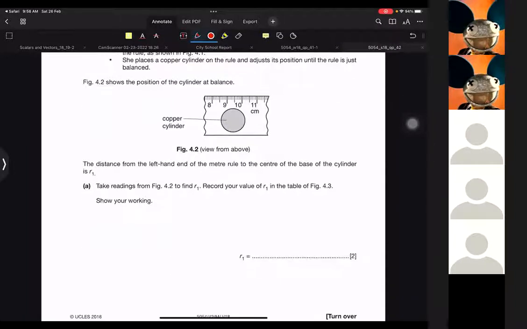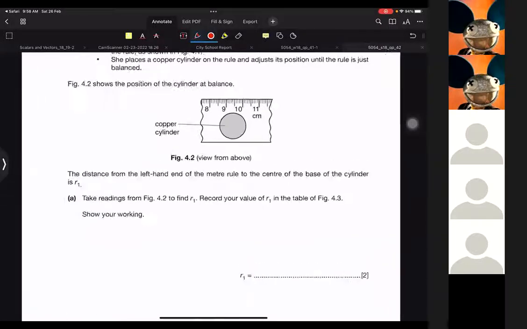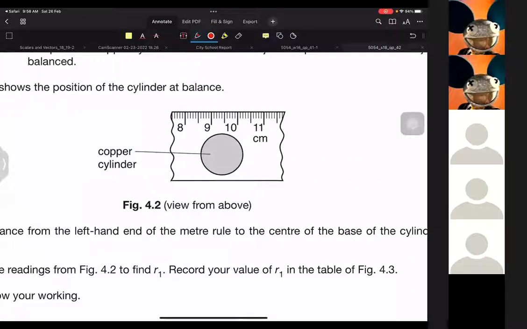Show your work. In this sort of question, I would suggest that you use your set square. Sorry, it just slipped out of my mind. Now, why is a set square really important?